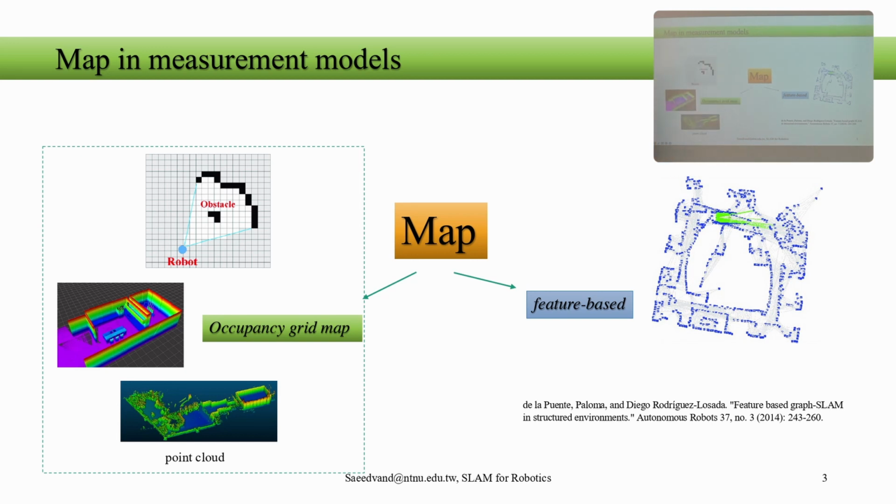On the other hand, the second type of map that we can build for our SLAM problem is occupancy grid mapping. In occupancy grid mapping, the general idea is that we discretize the environment to the required resolution that we want.